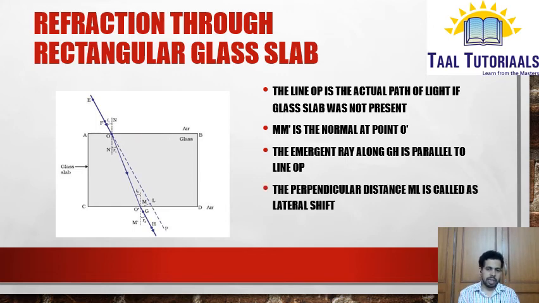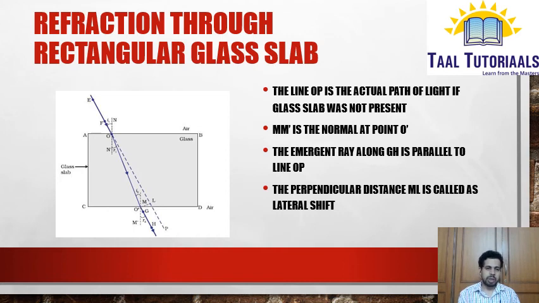So the perpendicular distance ML, you can observe in the diagram properly, is the perpendicular distance between the emergent ray and the actual path of the light. That distance we will call lateral shift. It just looks as if the ray is shifted laterally, so that's why we name it lateral shift in this case.